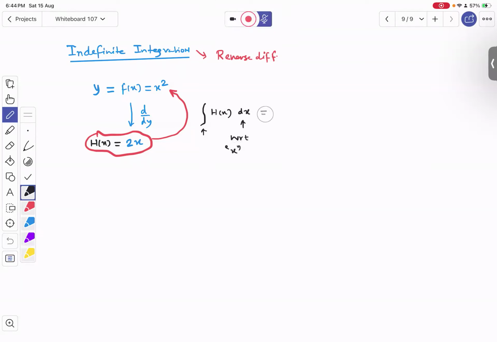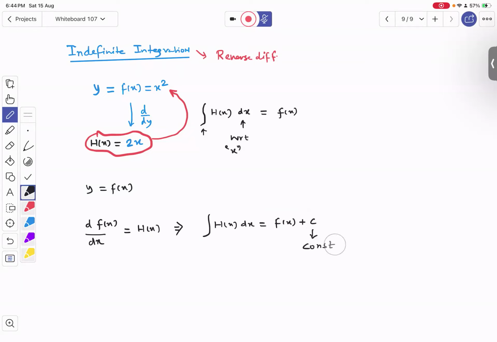And what will it give us? F of x. So if dy by dx of f of x is h of x, it means if I integrate h of x, I will get f of x, but I will write something like c, which is called the constant of integration. Why? I will tell you now.